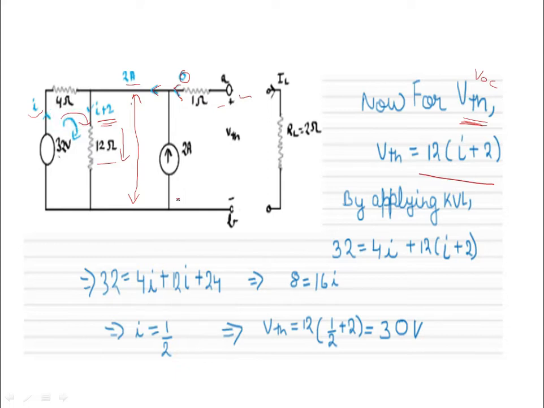So 32 volt is equal to 4 into I, then here all current is in the direction in which we are moving, so we'll use plus 12 into I plus 2. From solving this, we get I is equal to 1 by 2. Therefore, the open circuit voltage VTH is equal to 30 volts.